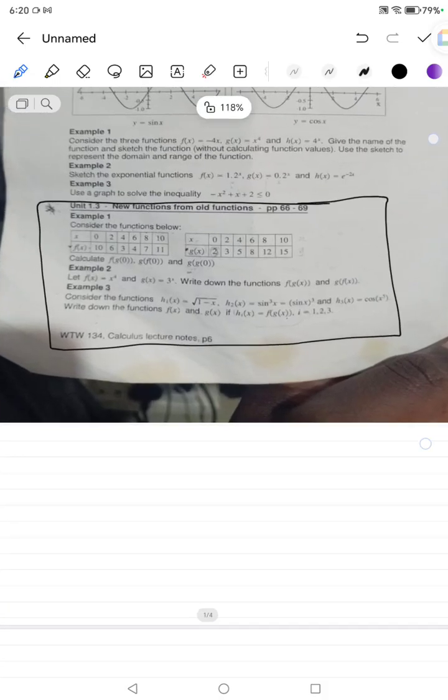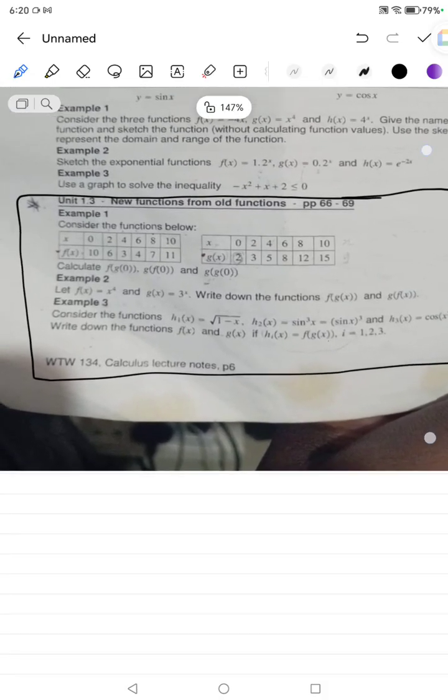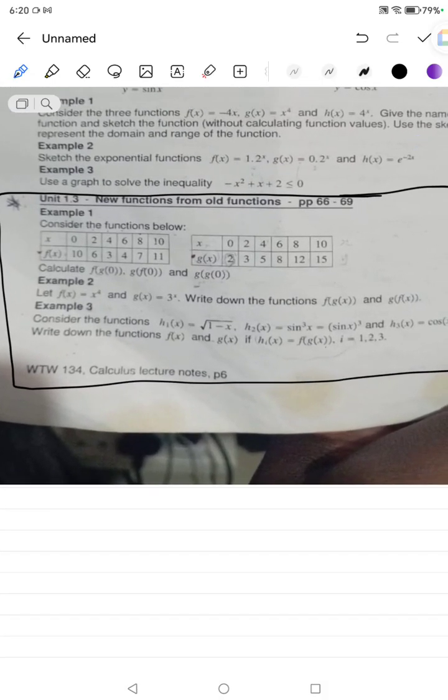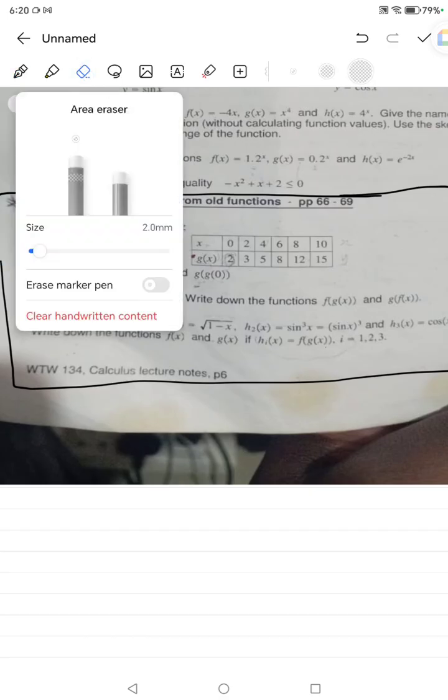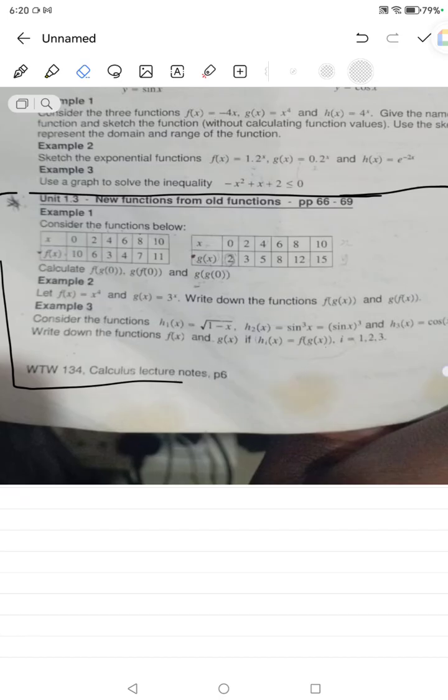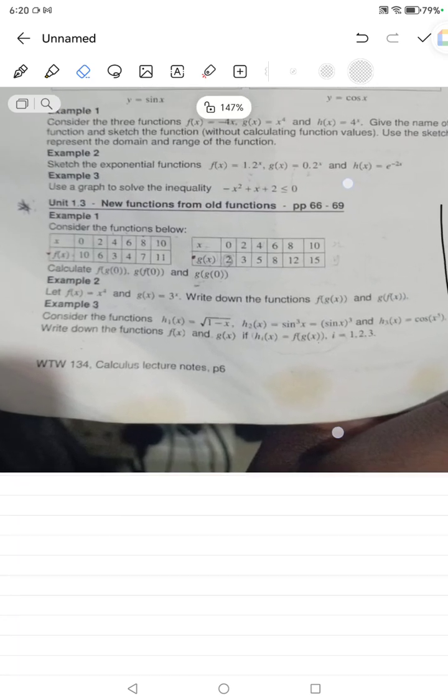So let me just try to zoom in. Then you can either write these ones down as I'm busy writing them, or you'll just wait for me to send you a picture of the questions after the class.